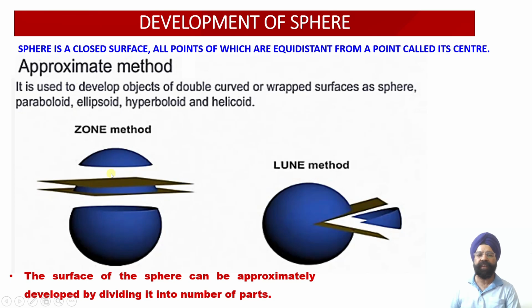You see, this is the vertical axis of the sphere, and all these cutting planes cut the sphere in such a way that different zones of the sphere are obtained.